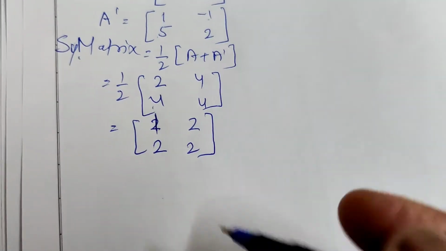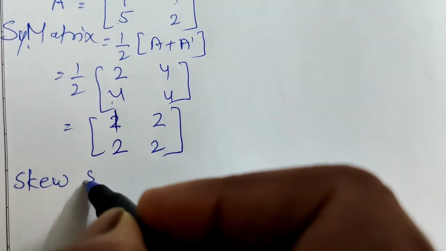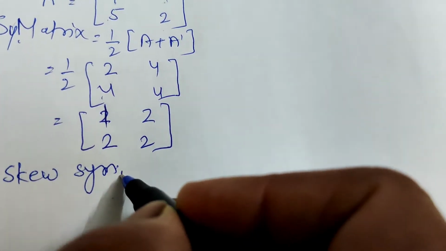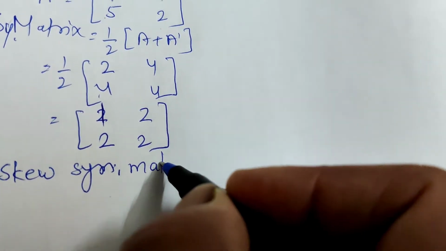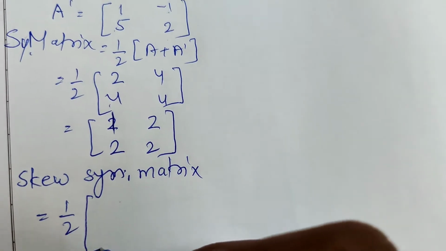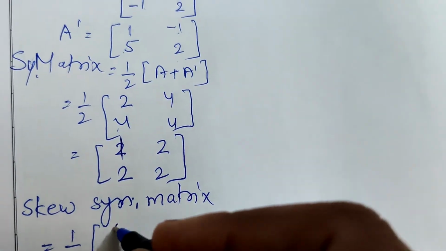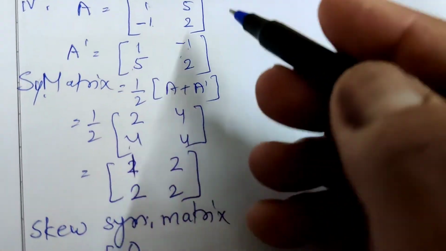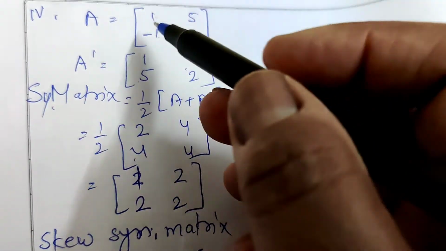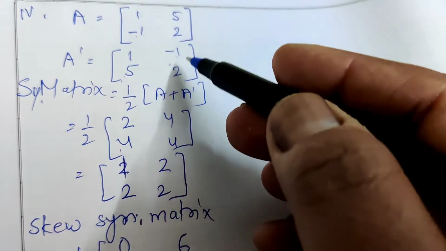Now for the skew symmetric matrix, 1/2 of A minus A dash. 1 minus 1, 0. 5 plus 1, 6. Minus 1 minus 5, minus 6, and 2 minus 2, 0.